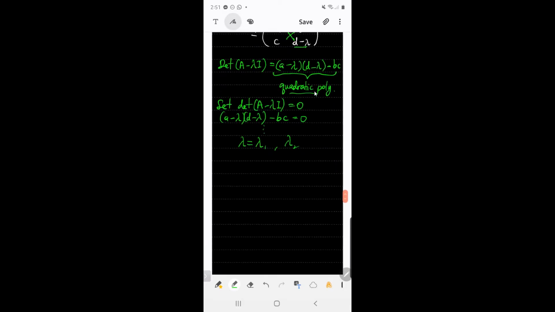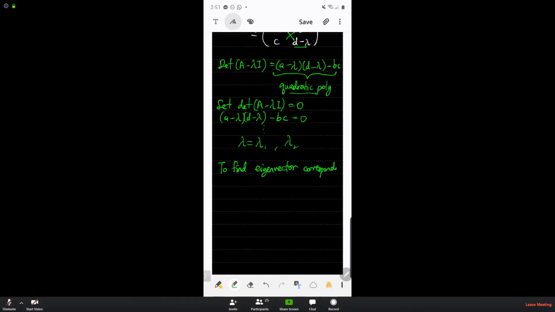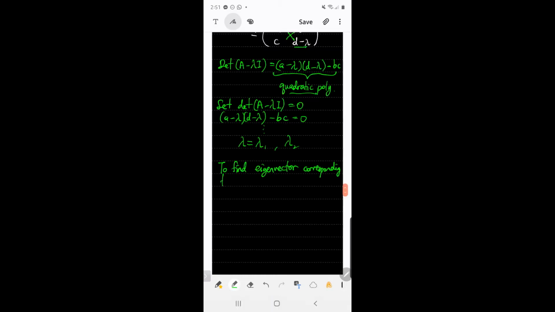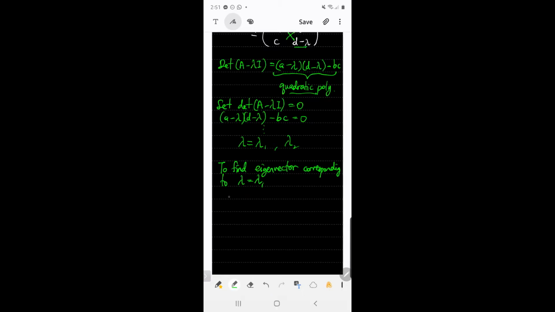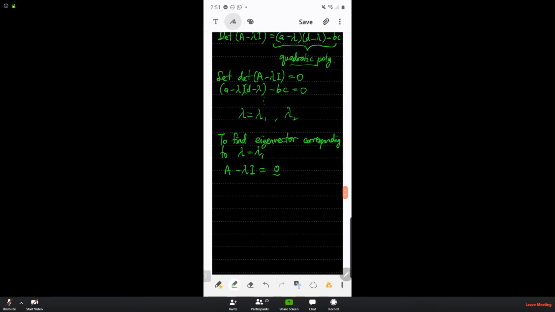So to find eigenvector, let's say now I want to find the eigenvector corresponding to the first eigenvalue, lambda equals to lambda 1. So what you do is you have to solve the equation, which gives you A minus lambda I equals to 0 vector, correct?